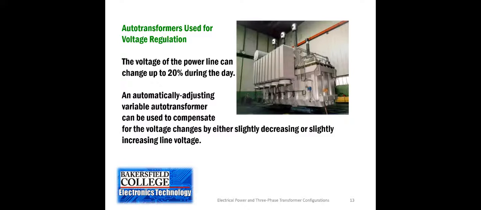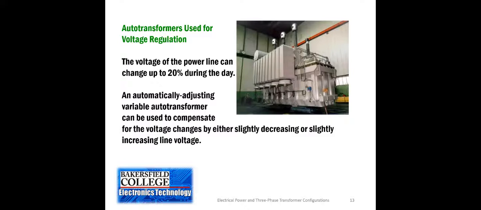Essentially, the voltage of the power line can change up to 20% during the day as more customers start turning on their electric appliances. It starts drawing more power out of the grid.